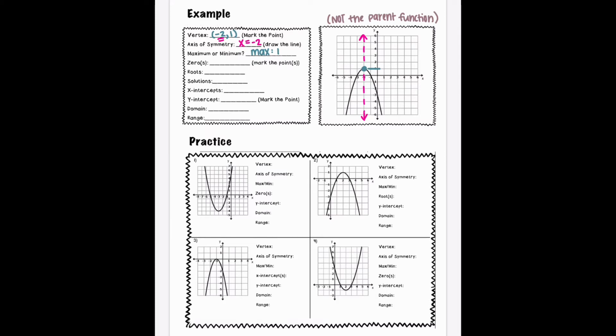Zeros. So where does this graph cross the x-axis? It crosses here at -3 and at -1.